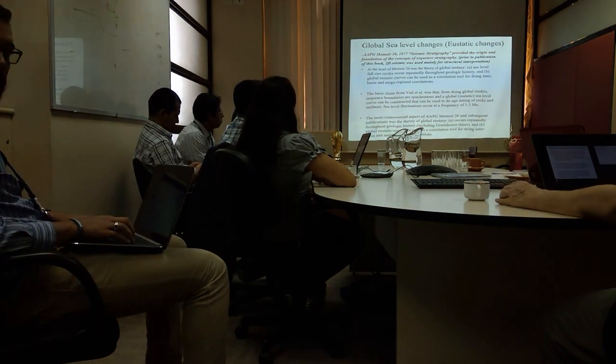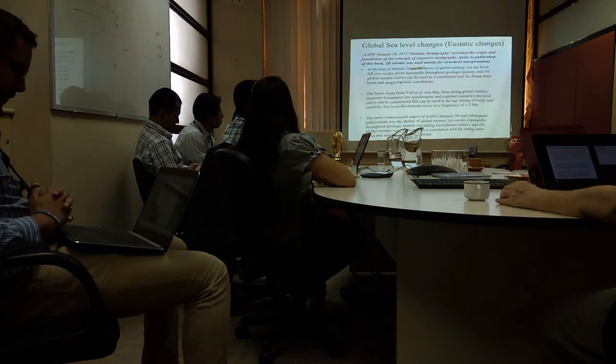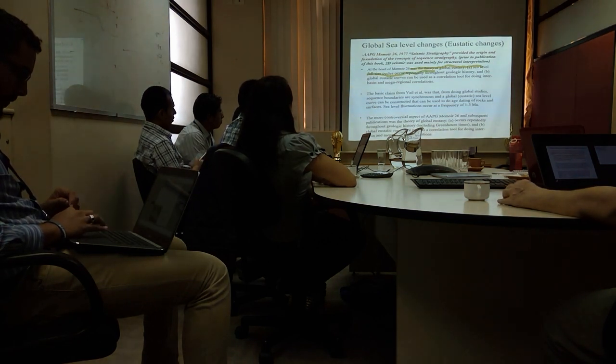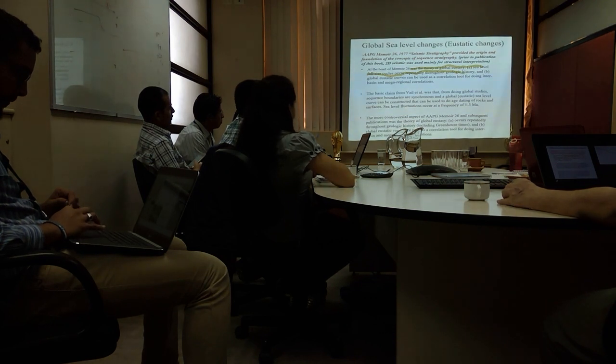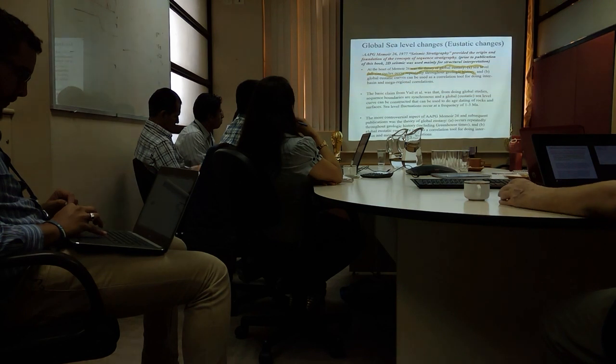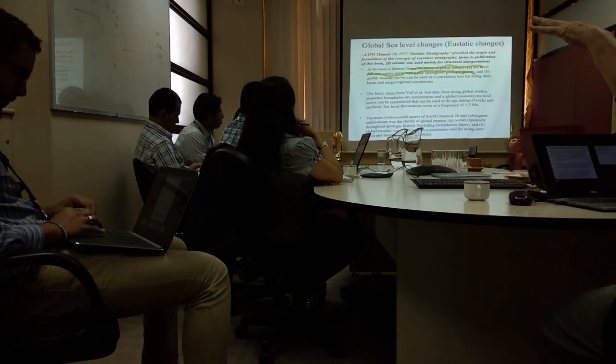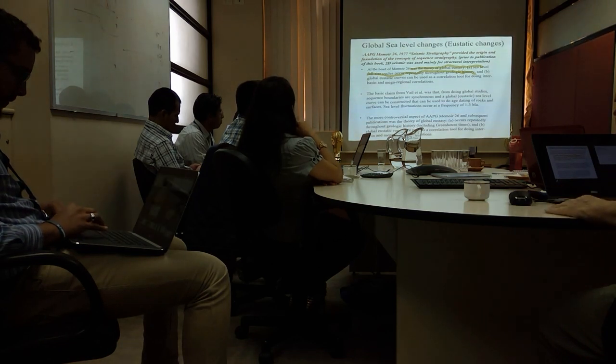like I said yesterday, was the idea that changes in sea level, these fall-rise cycles, occurred repeatedly throughout geological history, and in different parts of the world, you would get the same effect, either a fall or a rise in sea level.